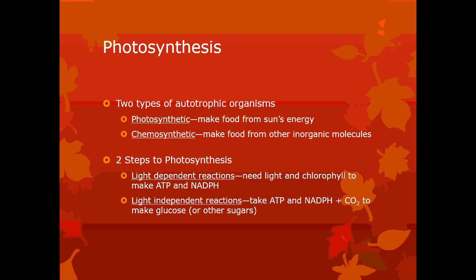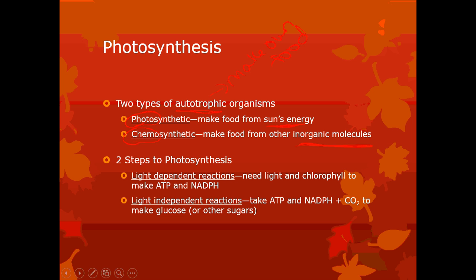There are 2 types of organisms that are autotrophic. If you don't remember from Bio 1, autotrophic means they can make their own food. They don't have to consume it. Heterotrophs would be things that have to consume their food. The autotrophs are either photosynthetic because they make food from the sun, notice photo means light, or chemosynthetic, which make food from other inorganic molecules.